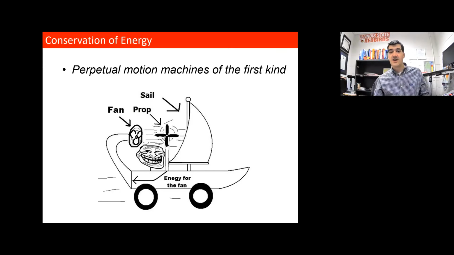If the fan is 100% efficient at converting that electrical energy into wind energy, then we'd still have a bunch of things that are going to prohibit this from working. We would have to have all of that wind energy from the fan go back to the wind turbine, right? And all of that wind energy from the fan would have to be converted by the wind turbine back into electrical energy, right?